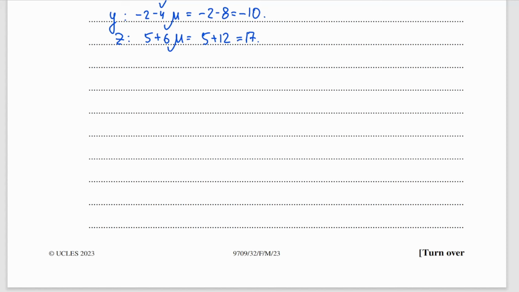And our answer should be the position vector of the point of intersection, which is 9, minus 10, 17. That's it.